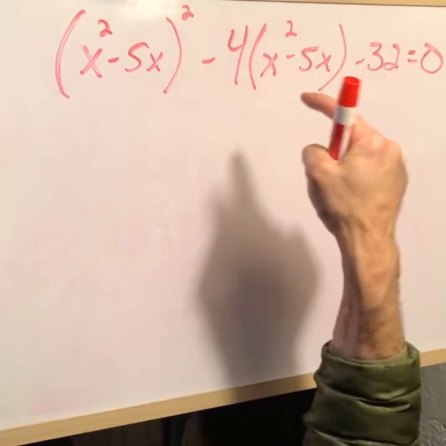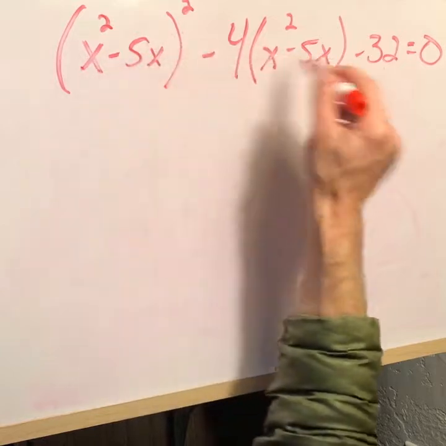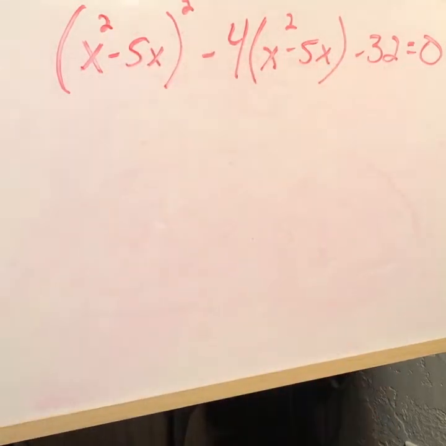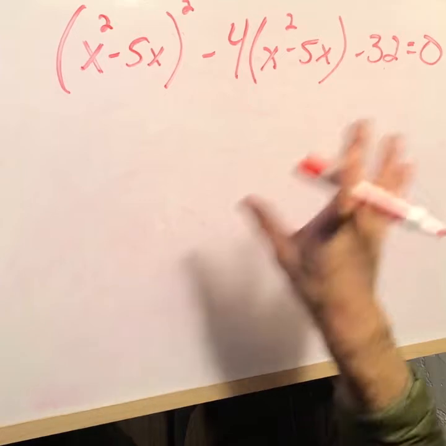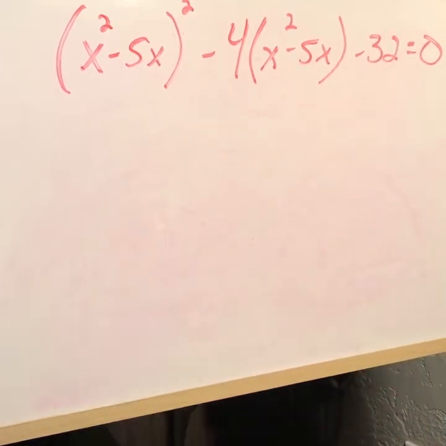And the question is solve for x. If you were to do this, it becomes crazy because you'd have to expand this out and group by factoring, and it's going to be crazy. So there's an easier way to do this, and it's called U substitution.